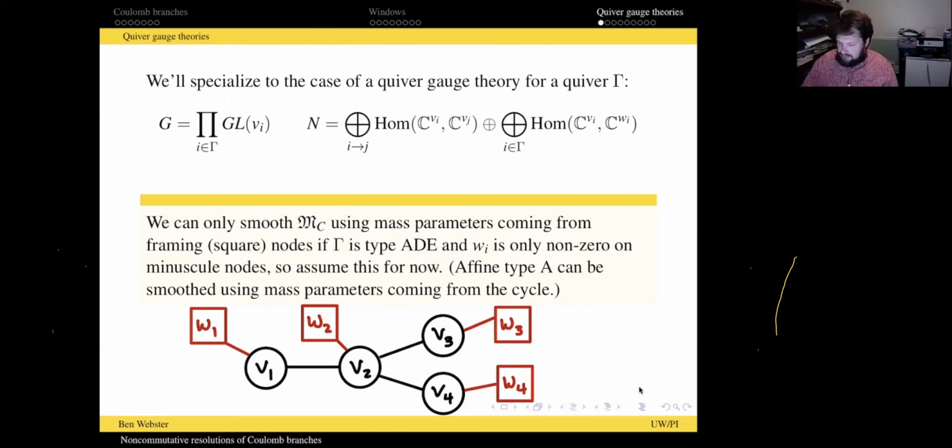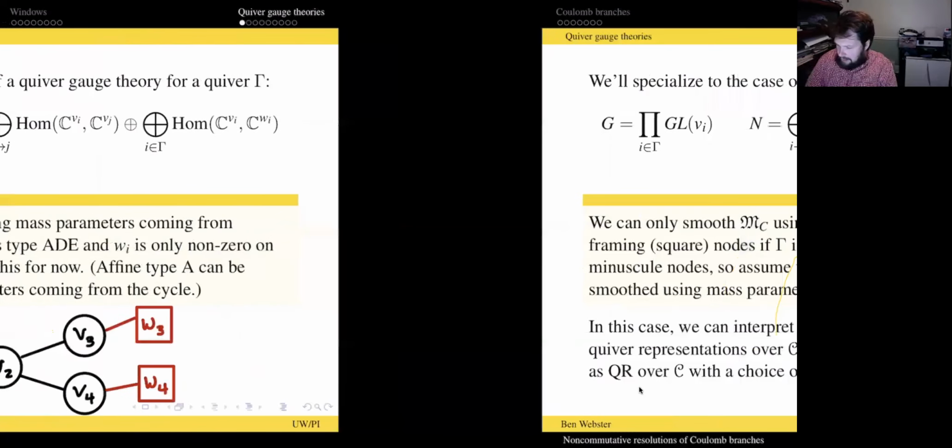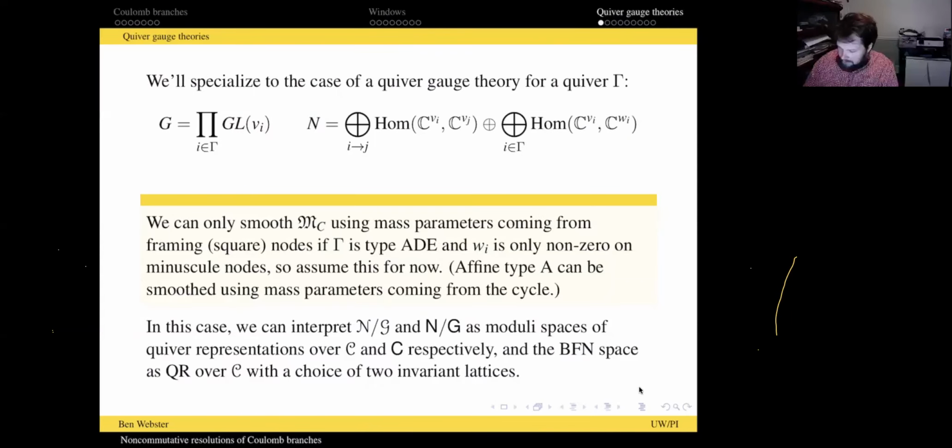As I say, the theorem that I mentioned before can only be gotten if we have smooth Coulomb branch here. So if gamma is type ADE, and there's also affine type A, but you have to do things a little differently from what I'm going to say to get affine type A. In this case, these spaces, this loop space and this arc space of N mod G, you can think of as quiver representations over Laurent polynomials or quiver representations over Taylor polynomials.